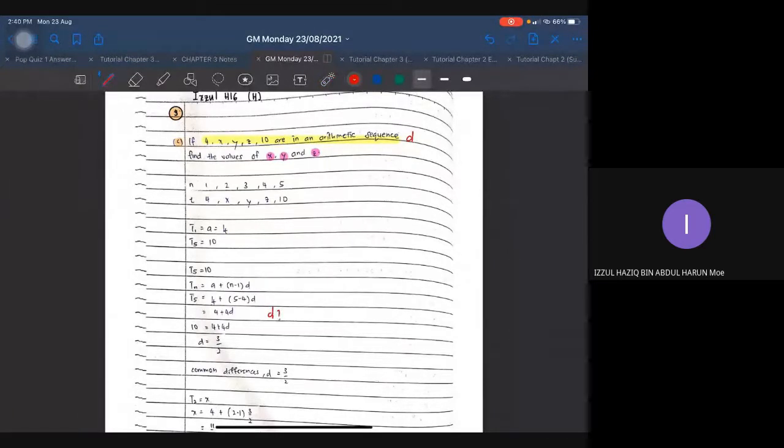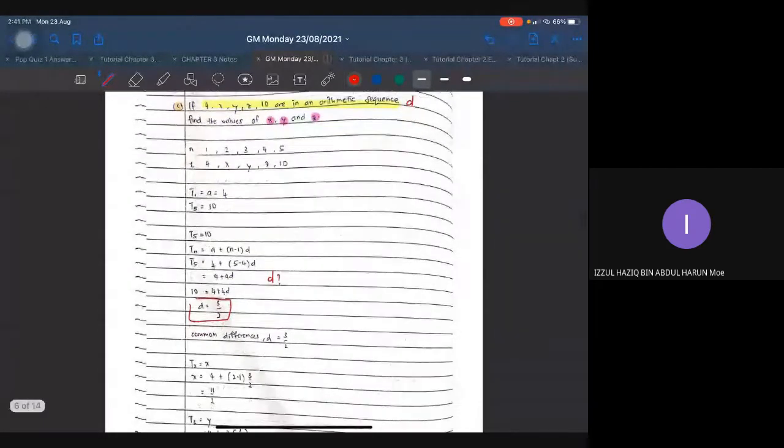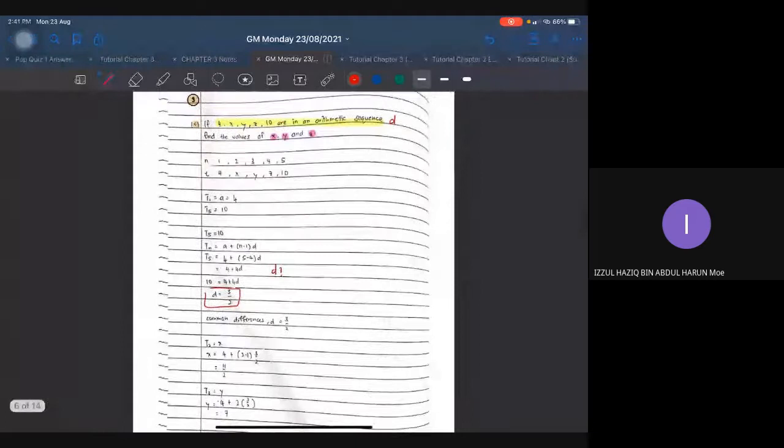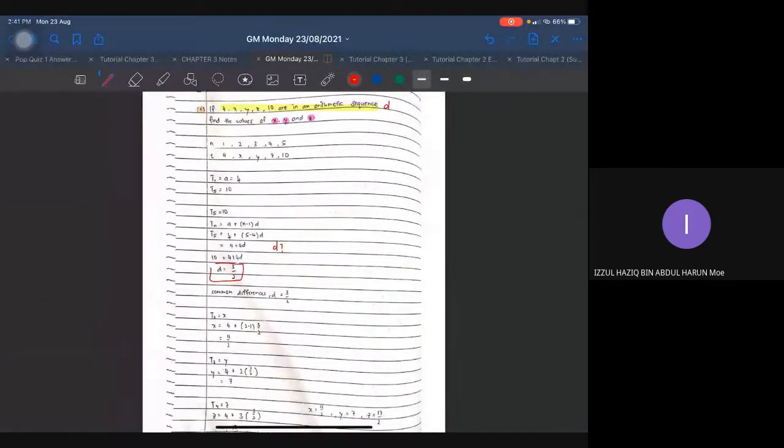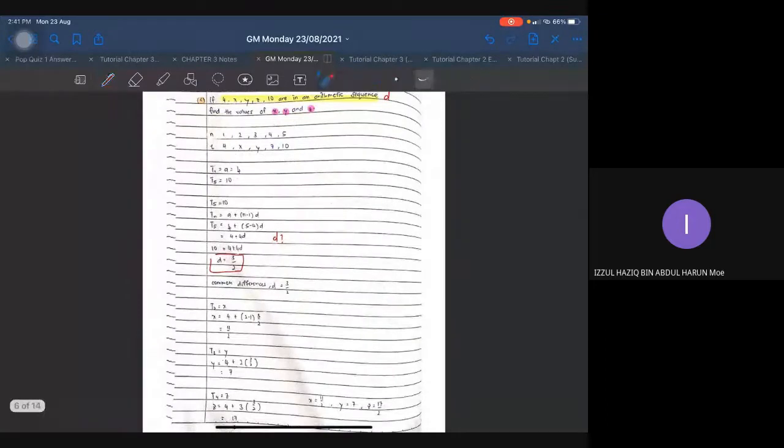So, with the common difference given, now we have enough info to substitute into our formula to find the second, third, and fourth terms. As you can see there, for the second, third, and fourth terms, I use the same method, which is to substitute into the formula Tn equals a plus (n minus 1)d.